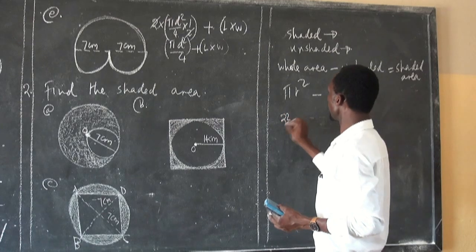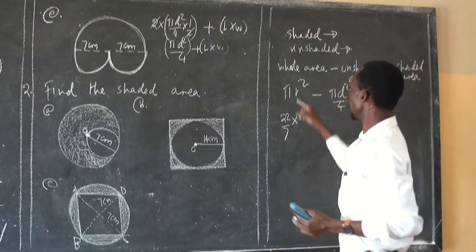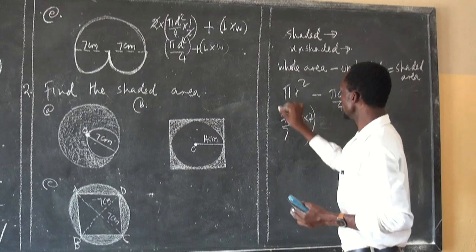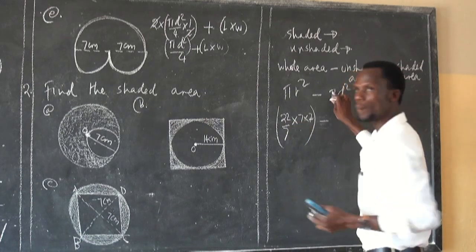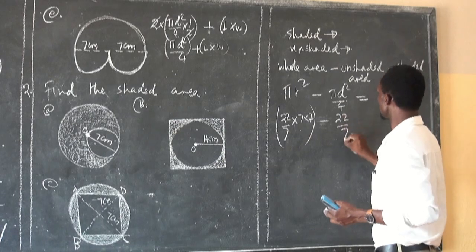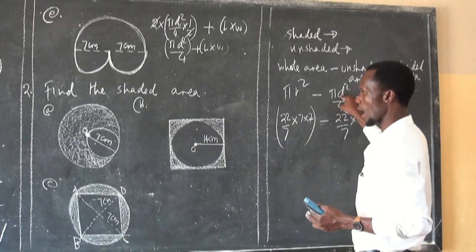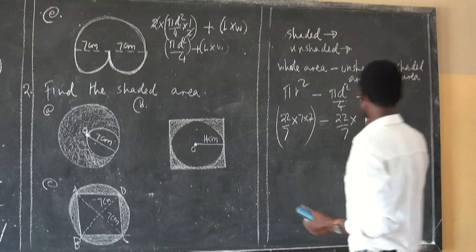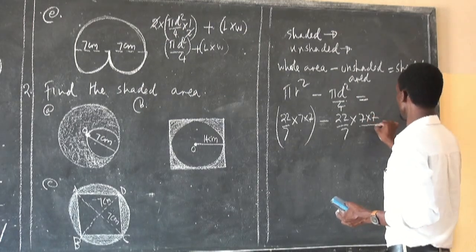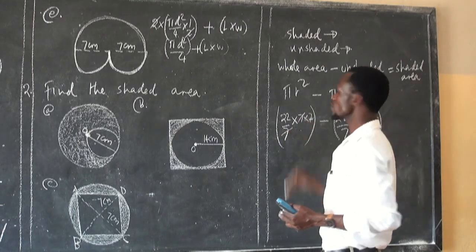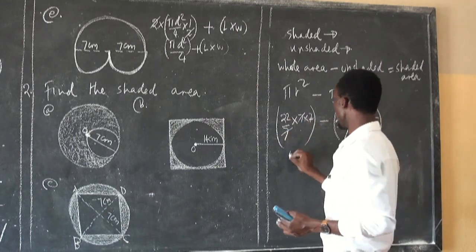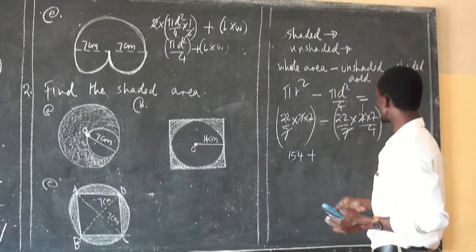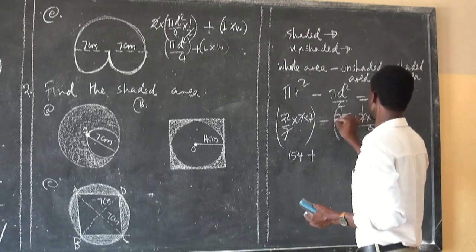Now, this is 22 over 7 times radius 7, times 7 times 7, then minus, pi is 22 over 7 times diameter. The diameter is from here to here, which is equal to 7 times 7 over 4. Mathematically, this cancels this one. 22 times 7, you have 154. Now by 7 it is 1, then by 2 it is 2, here it is 11.